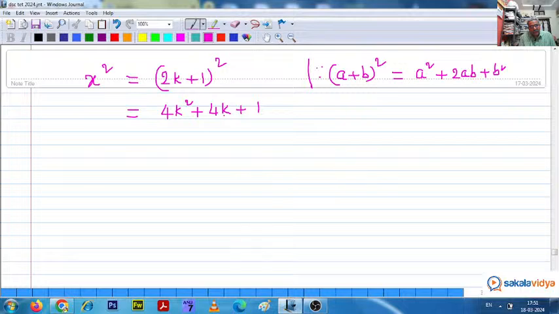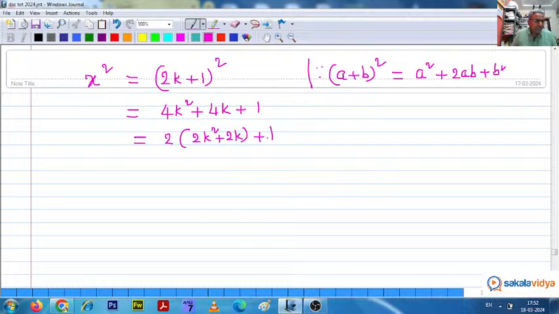From 4k square and 4k, you can take 4 common, or you can take 2 common also, no problem. Taking 2 common, what do you have? 2k square plus 2k plus 1.